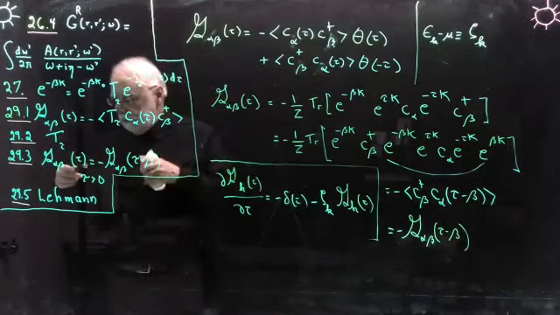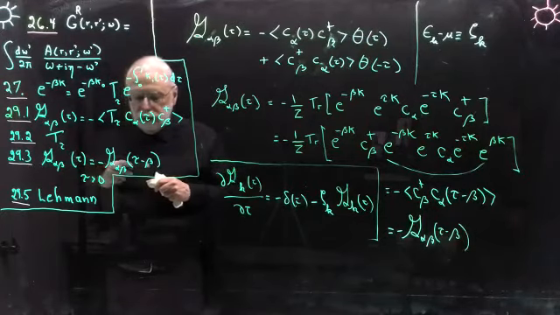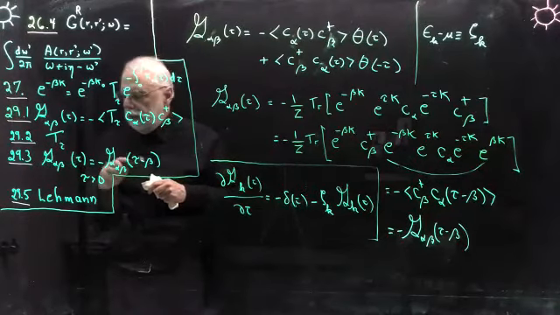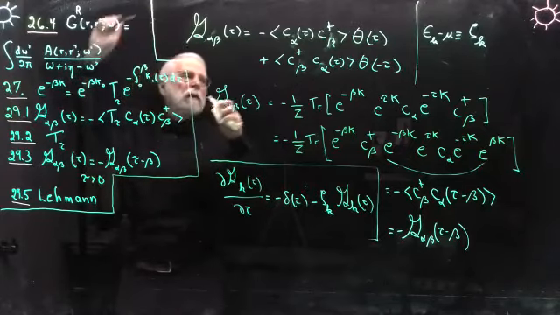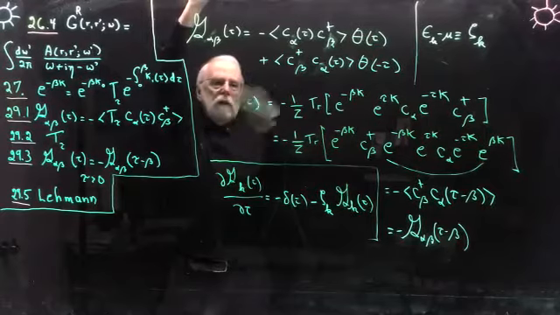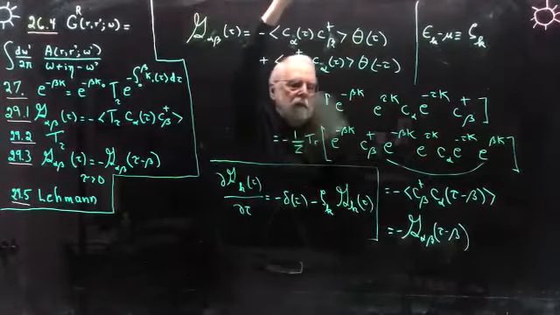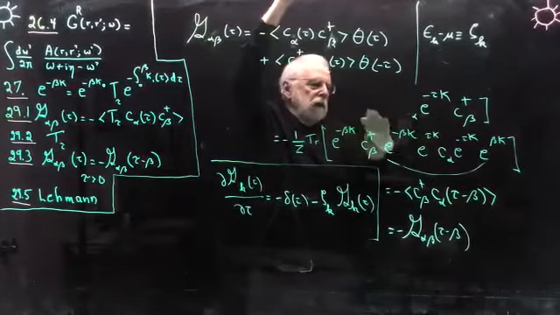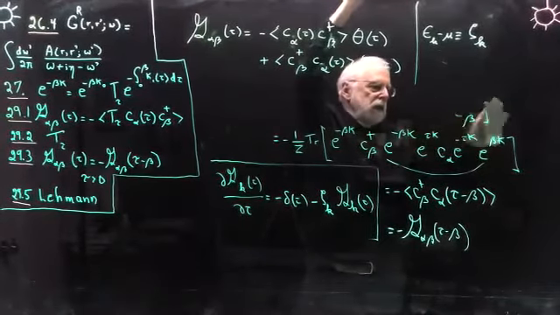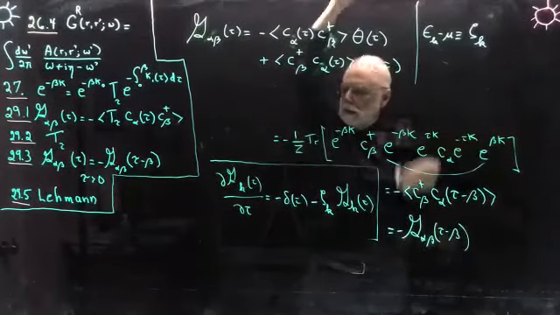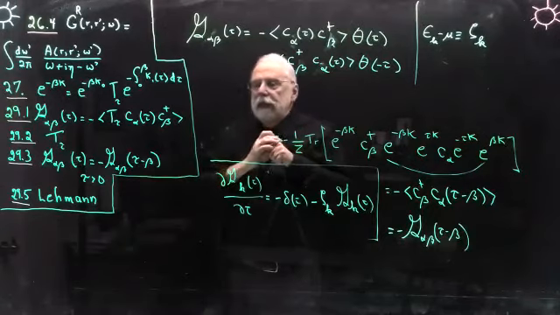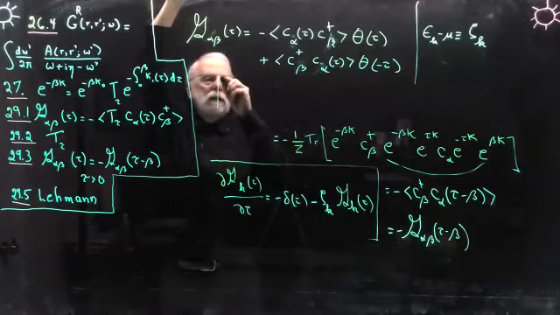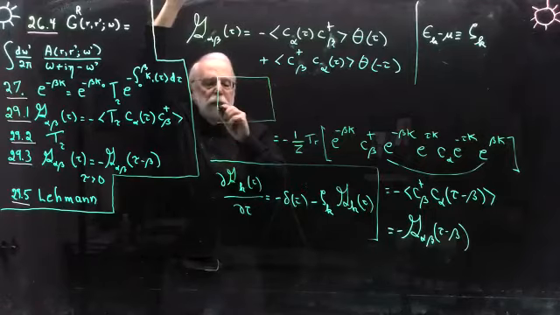So I've shown that this function is anti-periodic, in the sense that if I change by beta, it changes sign. Because it is anti-periodic, it will look like this, for example. That's just one example.